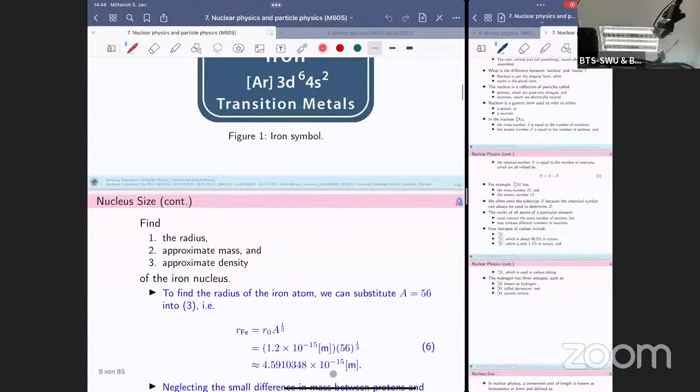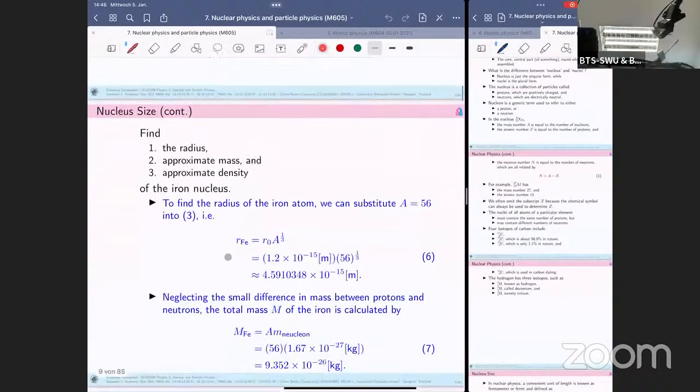That's in the femtometer scale, even smaller than the atomic size.